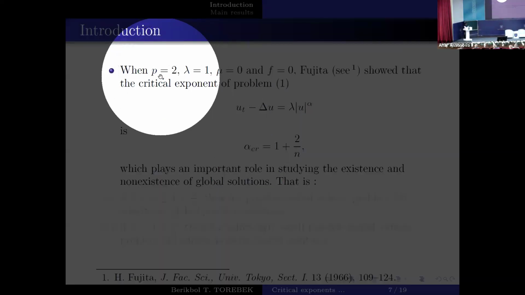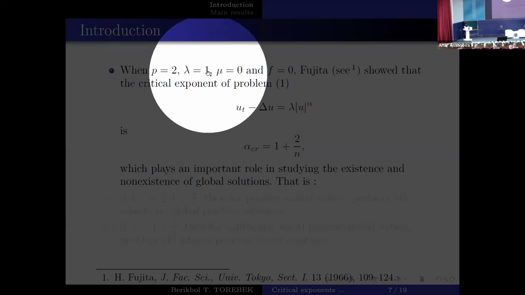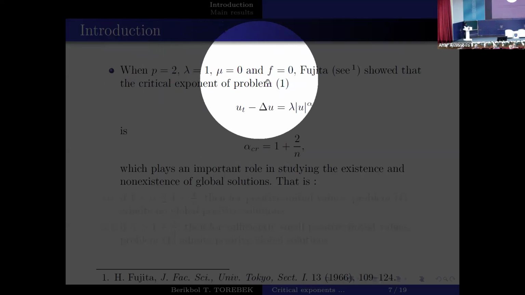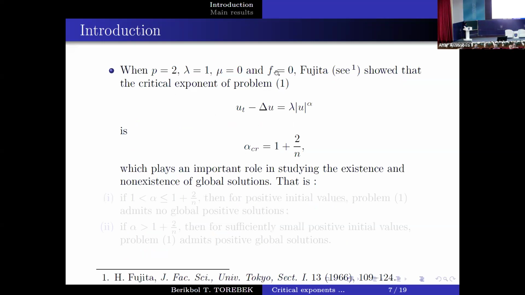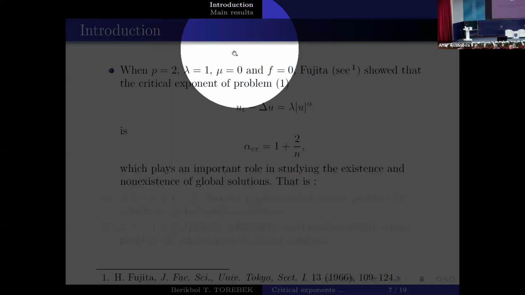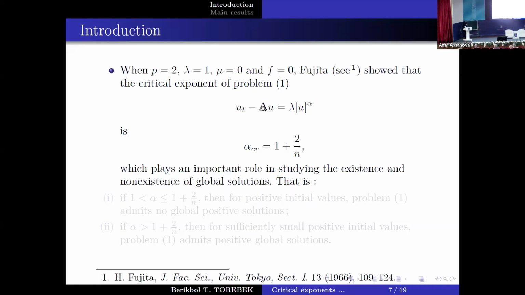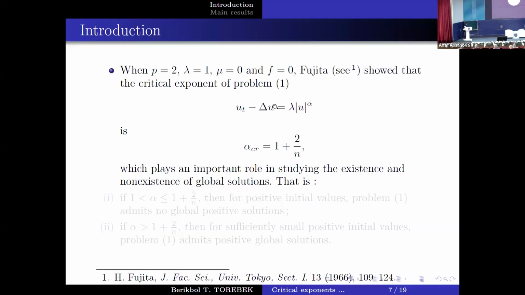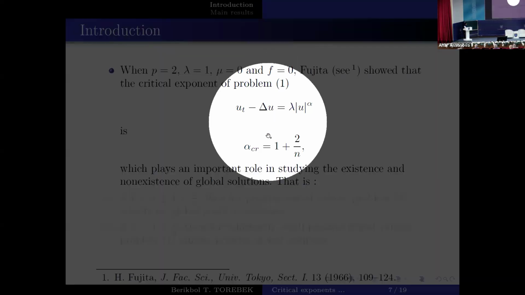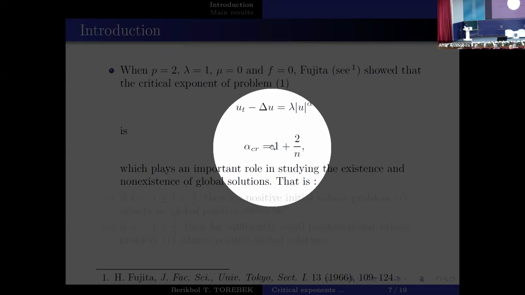When p equals 2, λ equals 1, μ is 0, and the forcing term is also 0, then this problem coincides with the problem considered by Hiroshi Fujita in 1966. This semilinear heat equation. And he proved that the critical exponent of this problem can be written in this form.